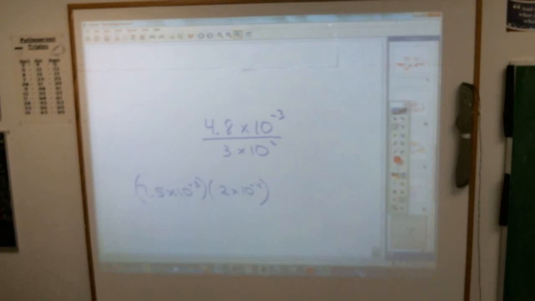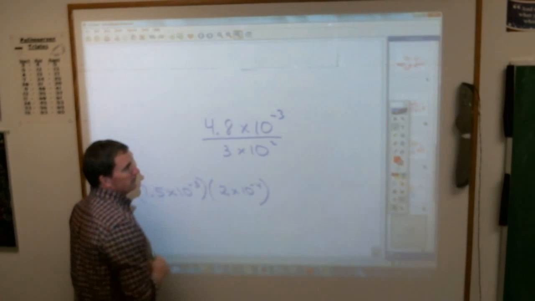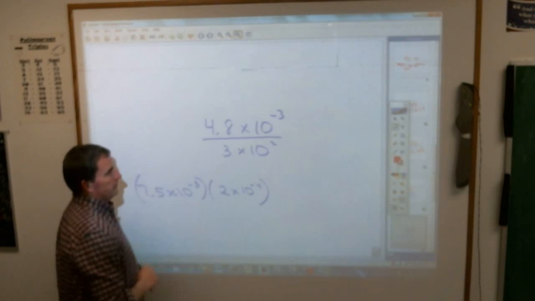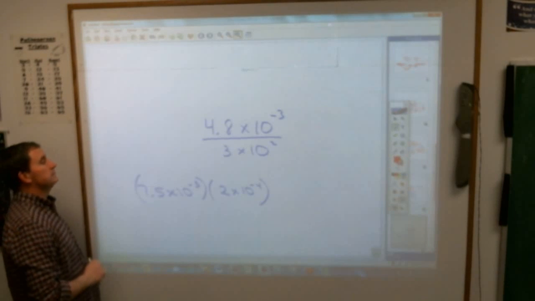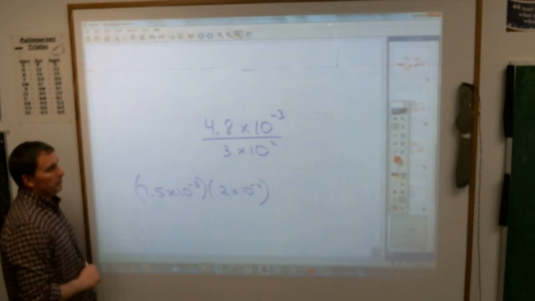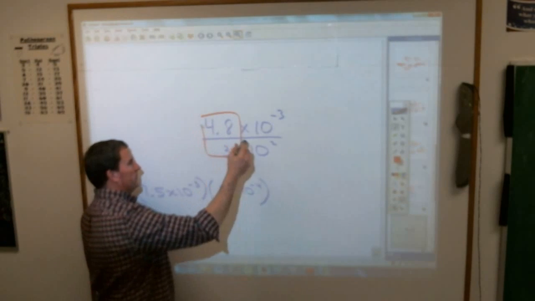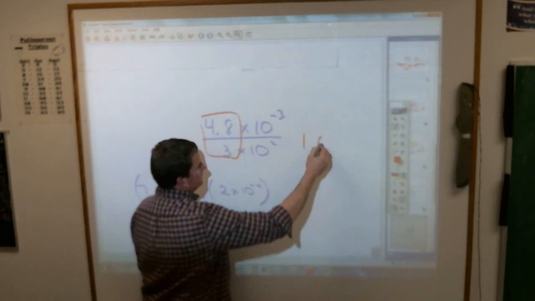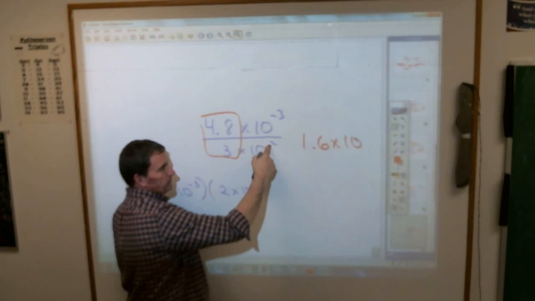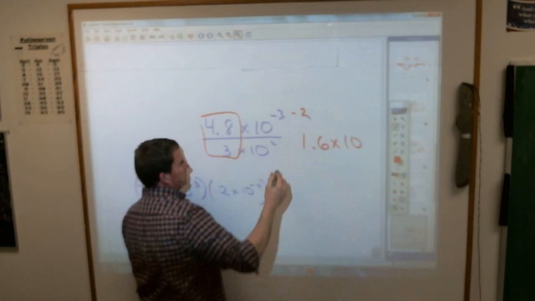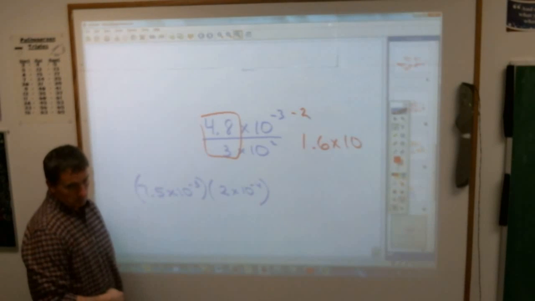For the top one there, David, it ends up being 1.6 times 10 to the negative first power. Agree or disagree? You got a long way to go here. 4.8 divided by 3 is 1.6. I do have it times 10. But this is a positive 2, so when I come up, I just subtract 2. Negative 3 minus 2 is negative 5.